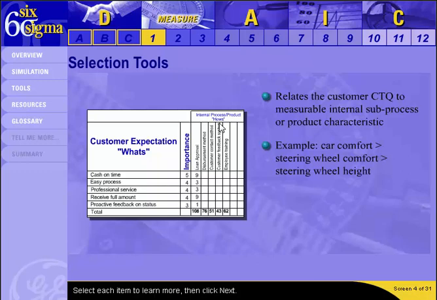That might mean things like comfortable seat cushions and a comfortable steering wheel. So how does a steering wheel rate in overall automobile comfort? If it comes out pretty high, then you'd ask what makes the steering wheel comfortable. Is it the angle, the height, the material, and so on? I'll show you more about how this tool is used as we determine the focus of the commercial loan sales case.